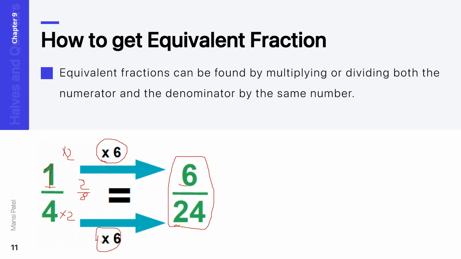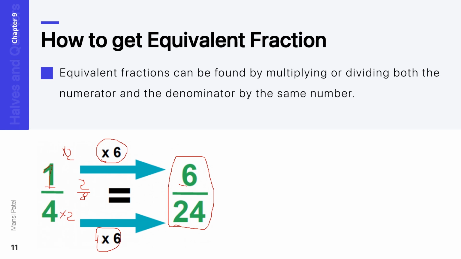So this is known as an equivalent fraction of 1 upon 4. So 1 upon 4, 2 upon 8 and 6 upon 24, these all are equivalent fractions. If the number is small and you want the equivalent fraction, then you multiply the numerator as well as the denominator by the same number.